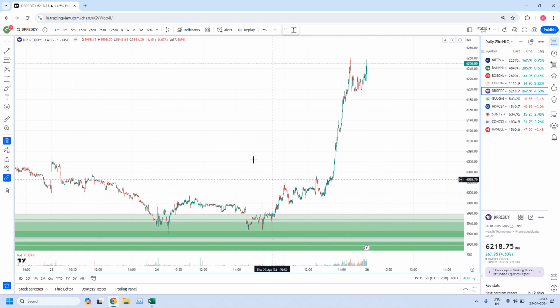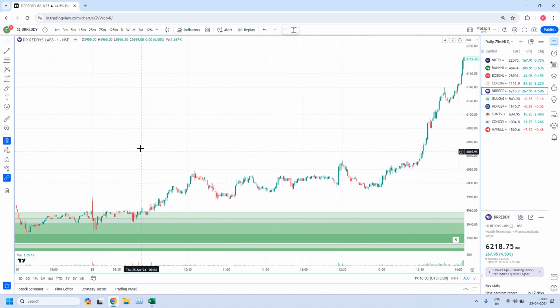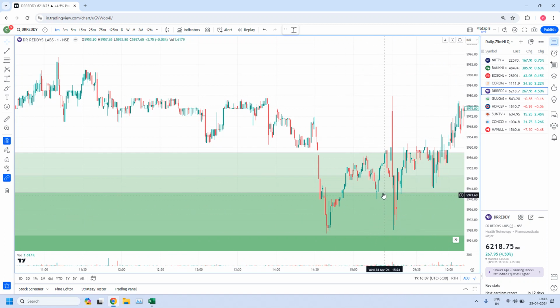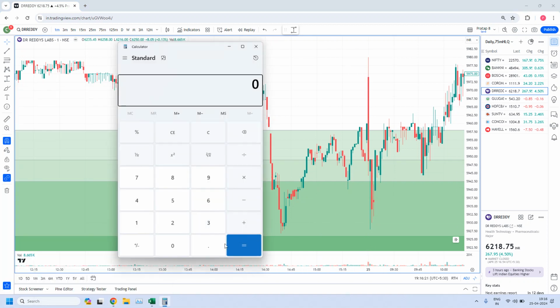Okay, let us see with curiosity how much profit we would have got if we had taken a trade somewhere here. Let us assume somewhere roughly 5930 here. 6218 closing I am calculating, 6218 close price of Dr. Reddy, minus, this is just curiosity.